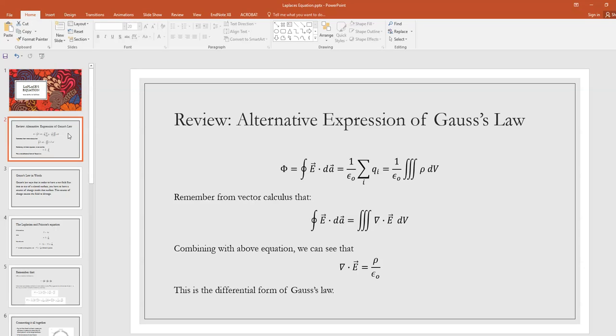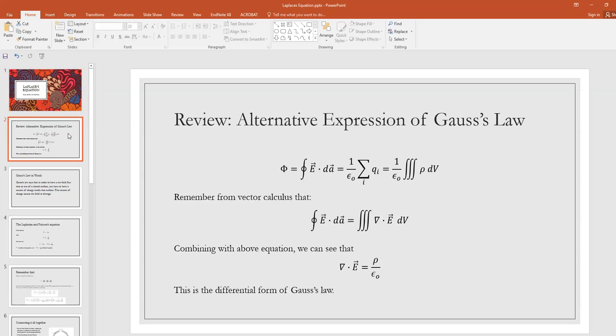And what it says is that the electric flux is defined as the integral over a closed surface of the electric field vector dotted with dA, where A here is an area vector and the direction of A is pointed perpendicular to the surface and outwards, okay? And this is equal to the total charge enclosed by that surface divided by the permittivity of free space, epsilon naught.